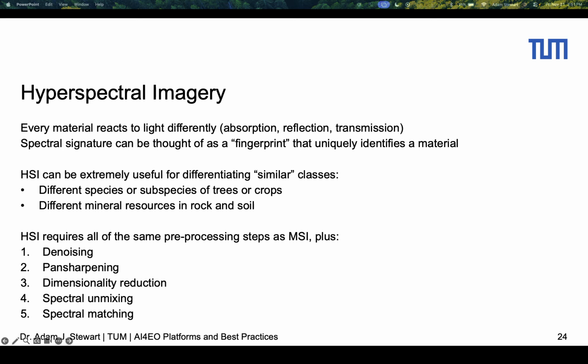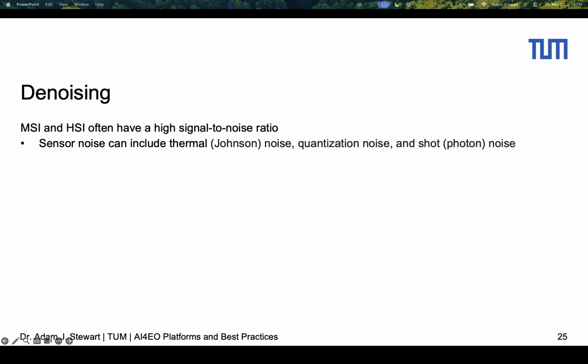For hyperspectral imagery, we basically do the same steps that we just did for multispectral. So the geolocation stuff, the orthorectification stuff, BRDF correction, etc., plus a bunch of other things that are somewhat unique to hyperspectral data. So the first is denoising.